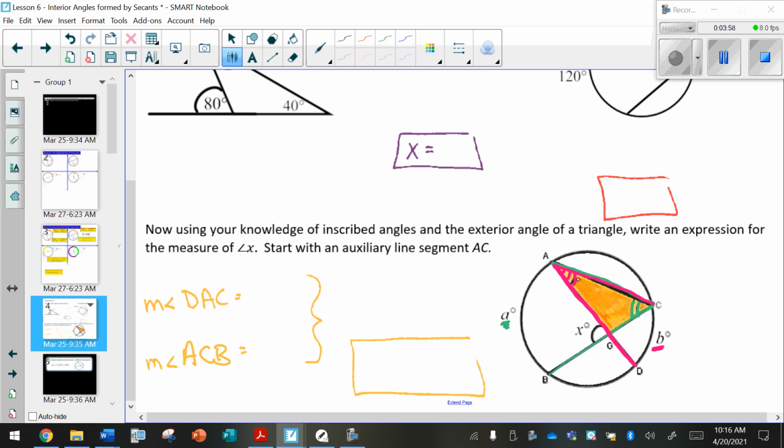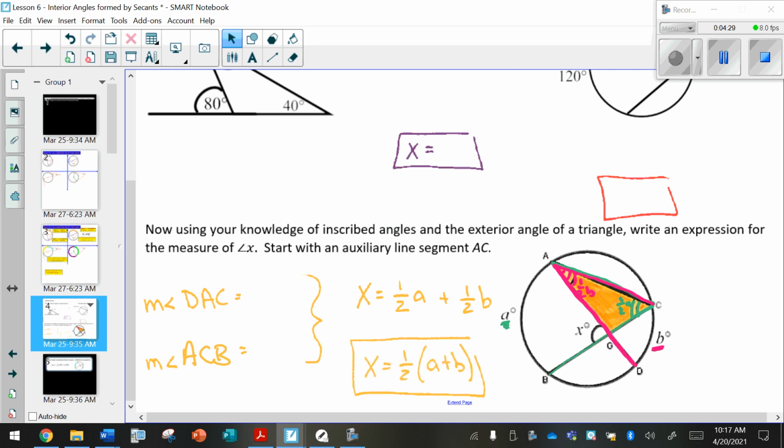So our angle measure X, the exterior angle of the triangle, is equal to the sum of those. X is equal to half of A plus half of B, because it is the exterior angle, so it's equal to the sum of the two remote interior angles.